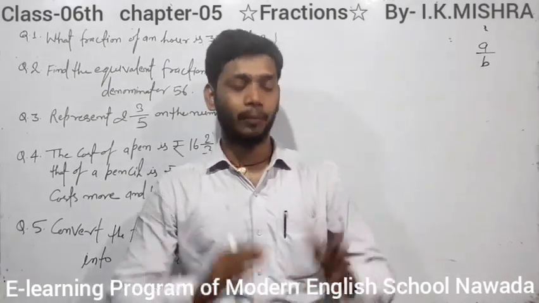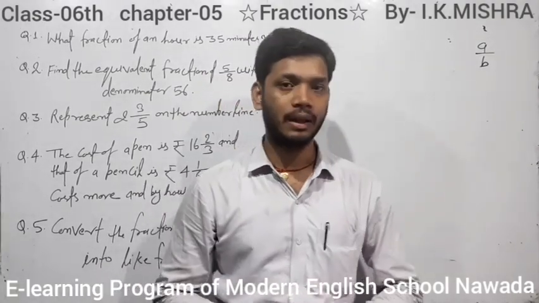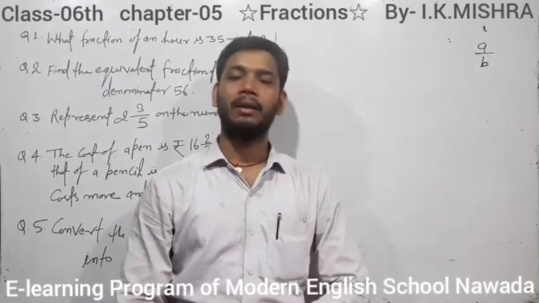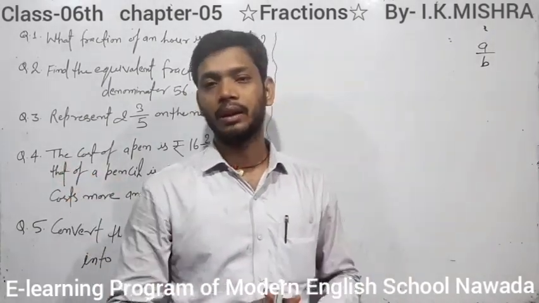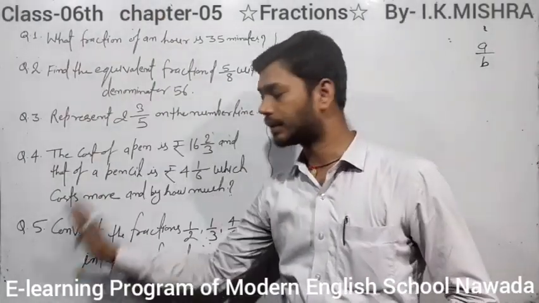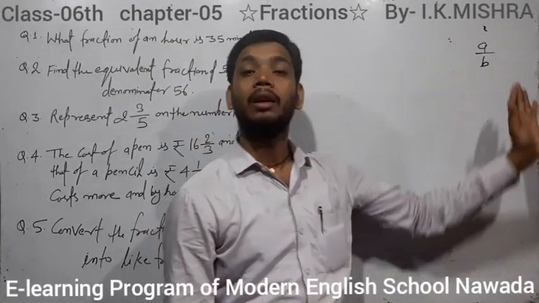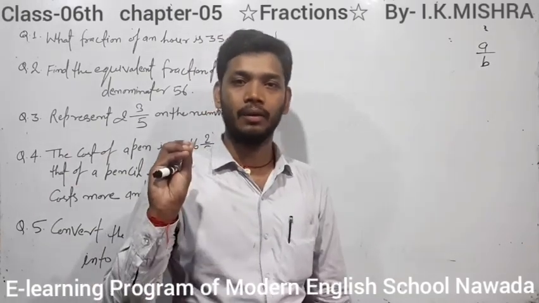Students, today I am going to discuss some important questions of exercise test paper 5. After that, total chapter 5 is completed. Here I write some questions of the exercise test paper. First of all, this question will also be in test paper 5.